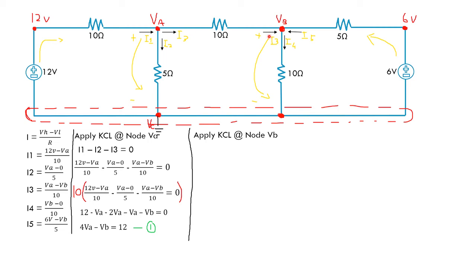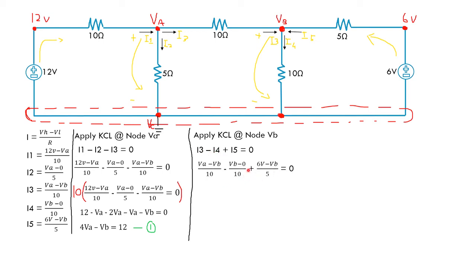For node B, we have I3, I4, and I5. The equation will be like this. I3 positive because the current goes into the node, and leaving by I4, and I5 because the current from 6 volt goes into the lower potential voltage, which is VB, equal to 0. Same as the KCL for node A, we just substitute into this equation.